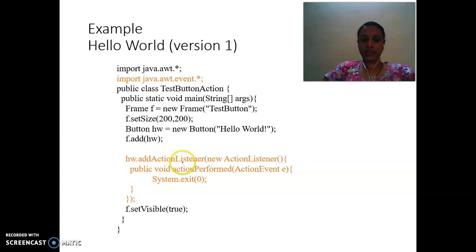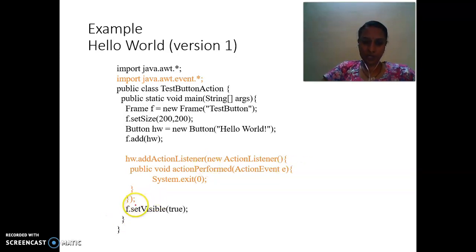Within brackets you write new ActionListener, capital A capital L. And here you can see the variety in syntax, that I have not closed the parenthesis. addActionListener is a method, and I have not closed the parenthesis.